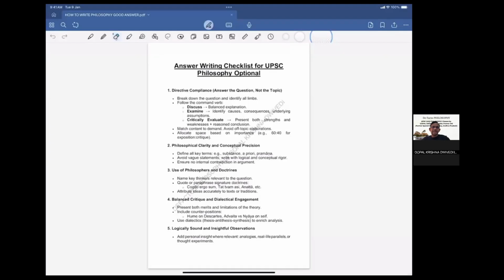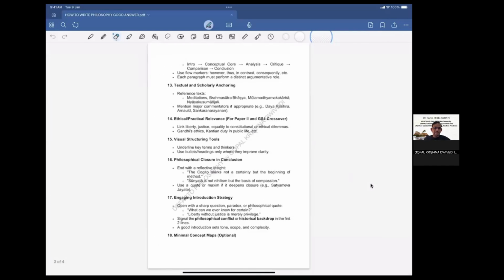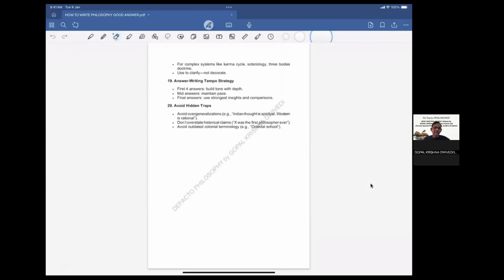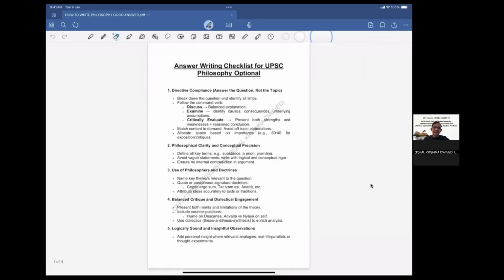See, in the introductory class, I presented a checklist for UPSC Philosophy optional students. This contains about 18 to 20 points. So these 20 points, one should keep in mind. I'm not repeating them here.